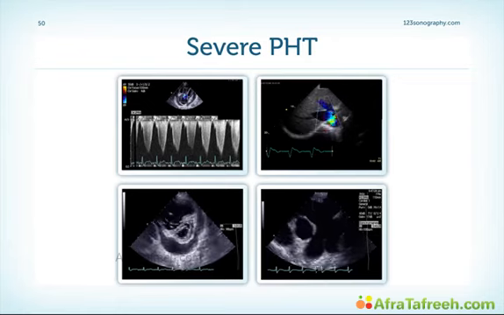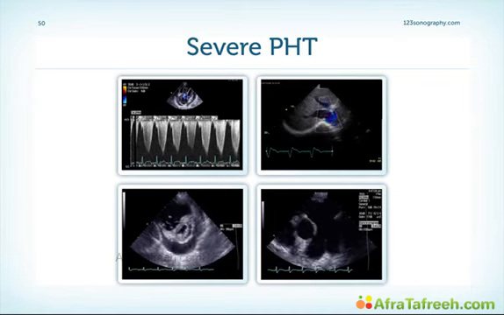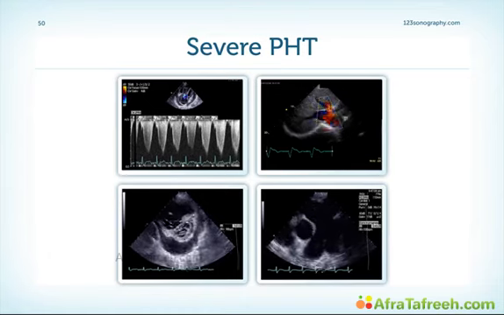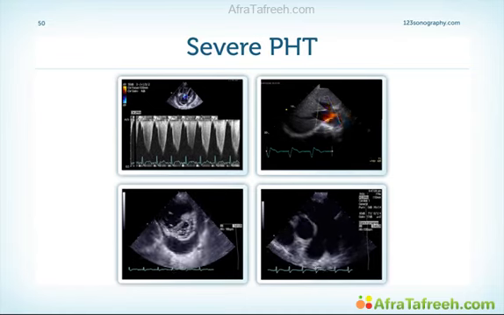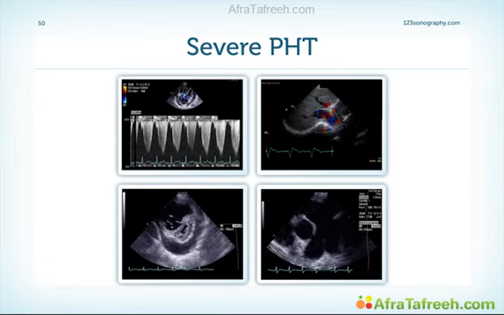So in conclusion, what denotes severe pulmonary hypertension? A high TR velocity and consequently a high calculated SPAP. A dilated inferior vena cava without any respiratory changes. A dilated and hypertrophied right ventricle, a flattened interventricular septum, pericardial effusion, and a dilated pulmonary artery.